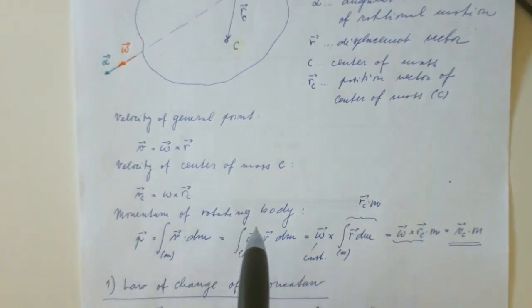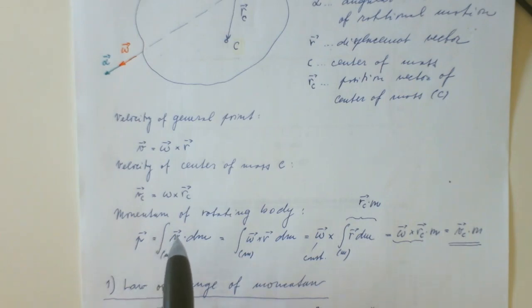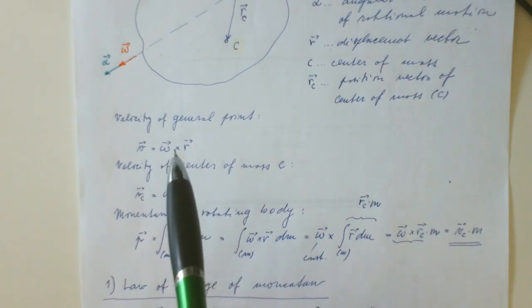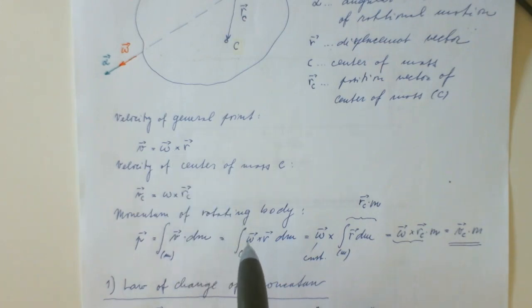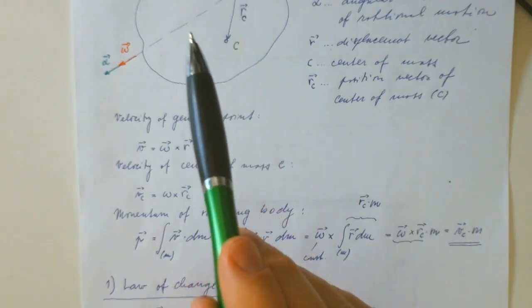The momentum of the rotating body is p, and it is the integral of v dm, so we sum the momentums of every individual particle of the body with different velocity over the mass m. So v, in correspondence to this, is omega by r, and omega is constant for all the volume of the body.